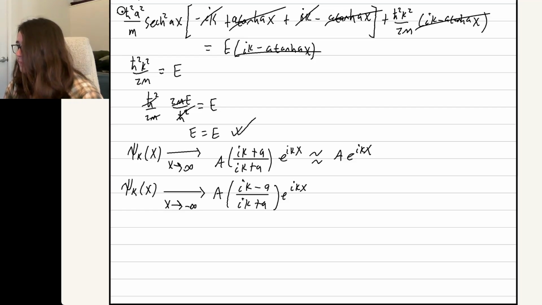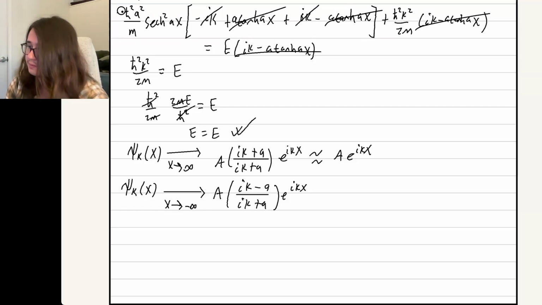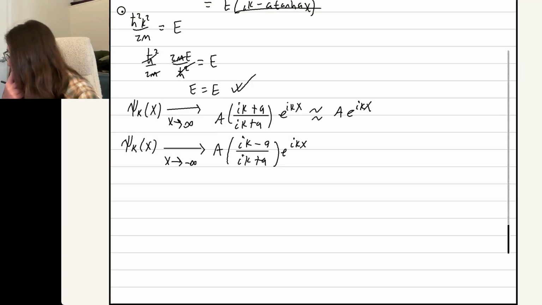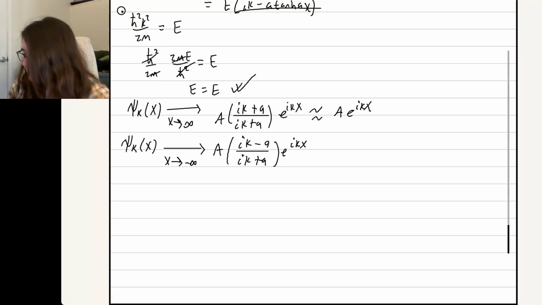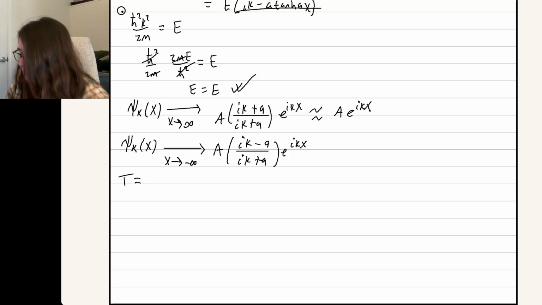And then he wants us to use this to get the transmission coefficient and reflection coefficient. So if you remember, the way that the transmission coefficient is originally defined is the ratio of the probability currents on either side of the potential.